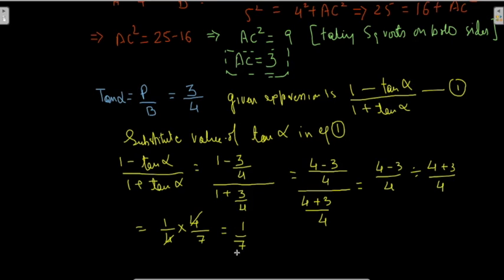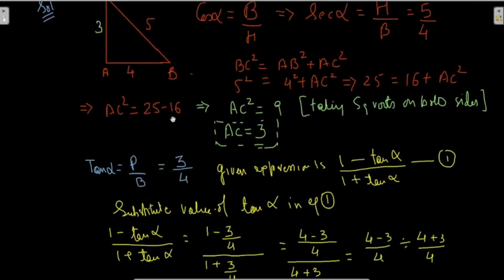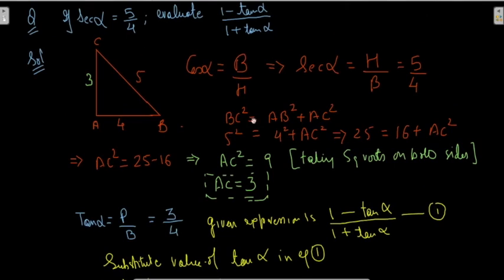Now, if you remember, in the past video and in this video as well, we did something for which a question should arise. We were given the value of secant of alpha, and that was 5 by 4. So we assumed the hypotenuse is 5 and the base is 4. But it's a ratio, right?